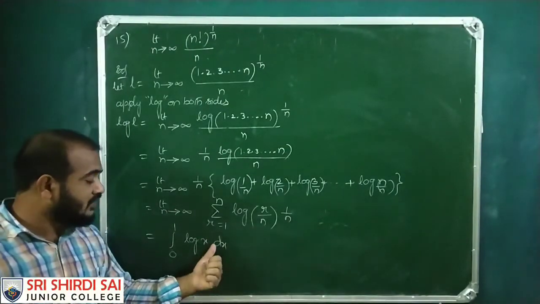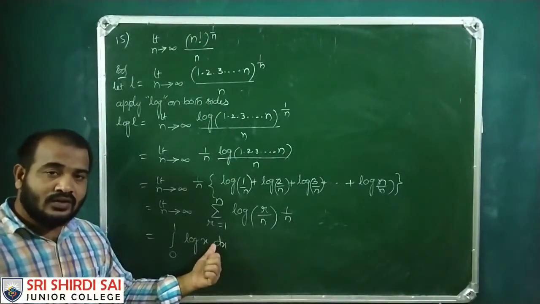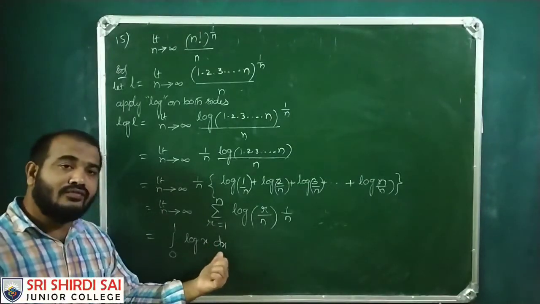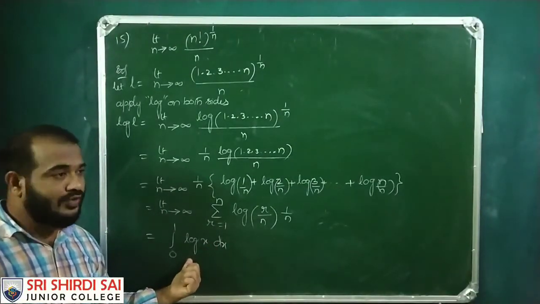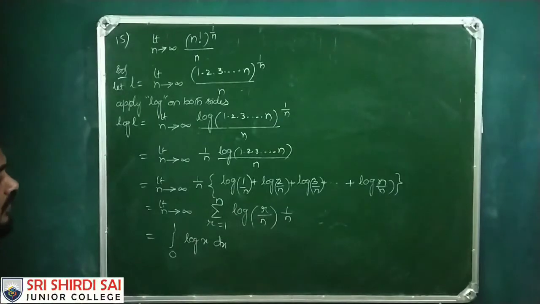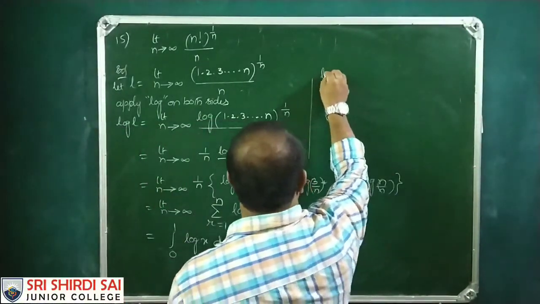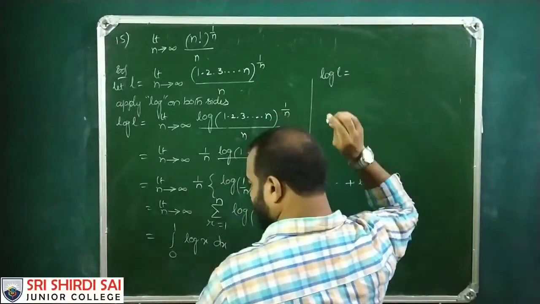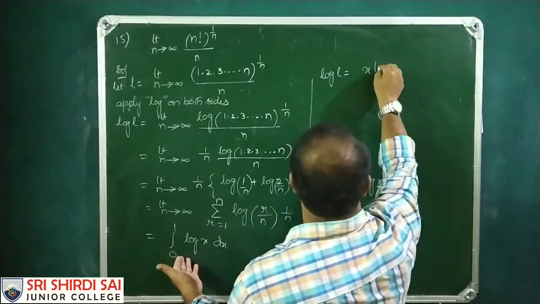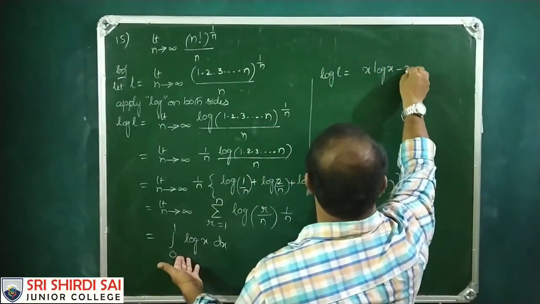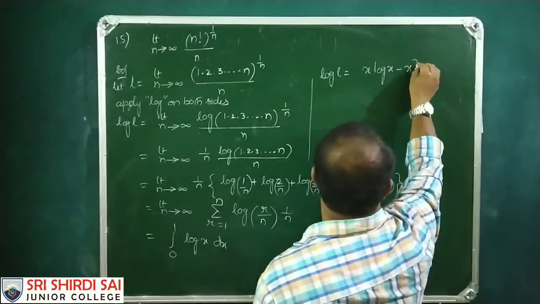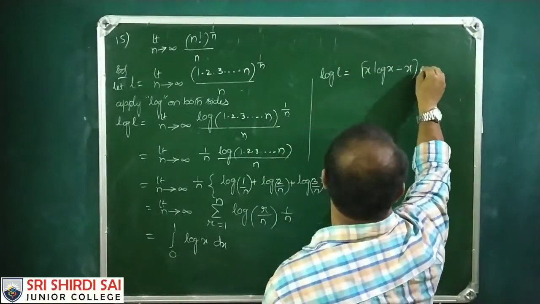Otherwise, the second function is taken as 1, unity, so then it is f of x into g of x, a product of two functions. In a similar way, if you proceed, we will get log L is equal to x log x minus x from 0 to 1.